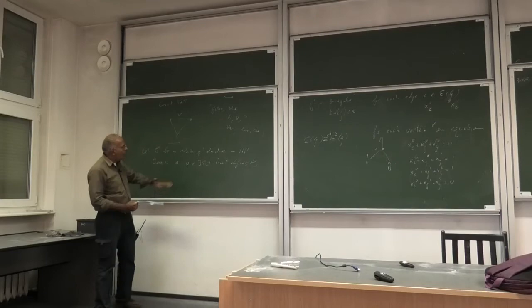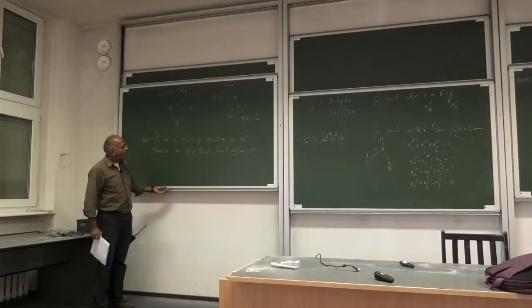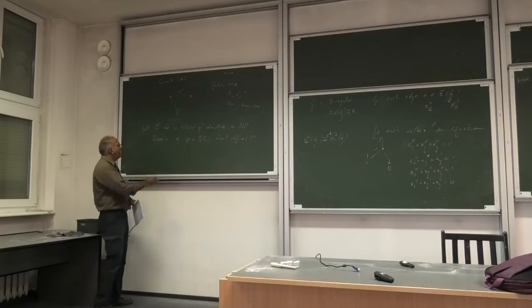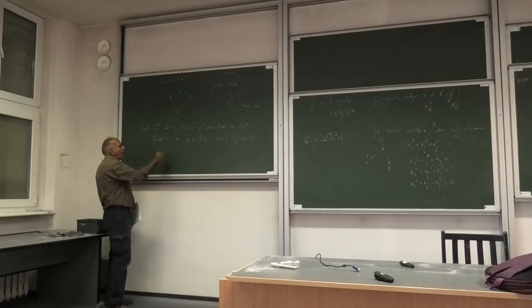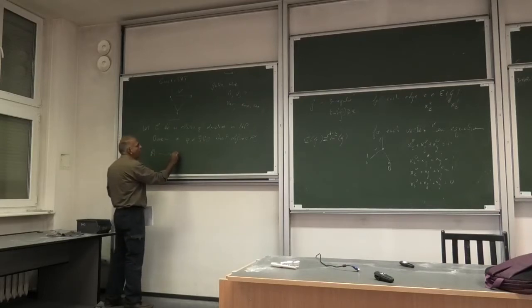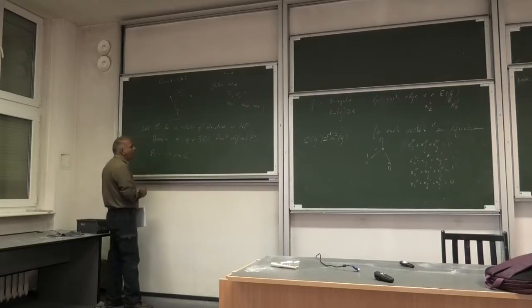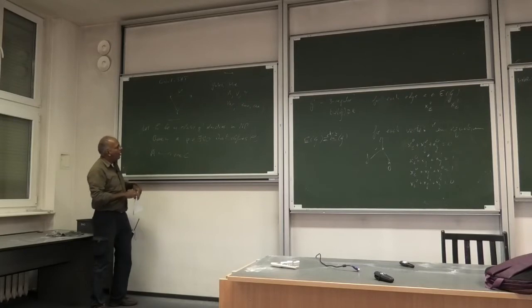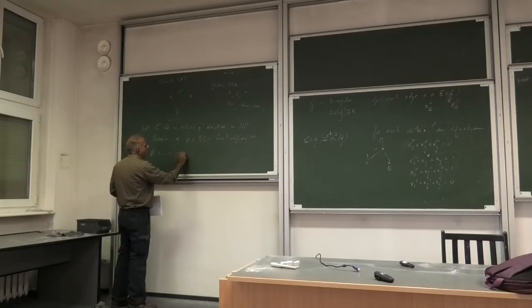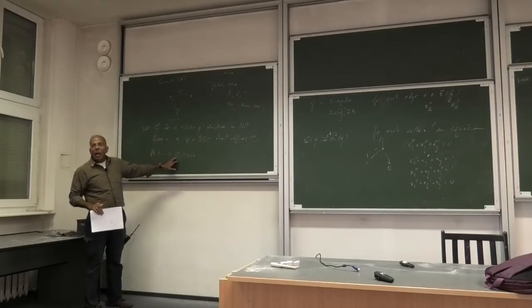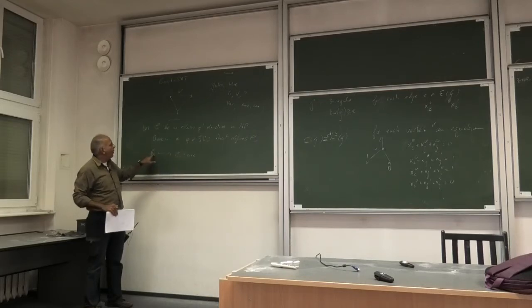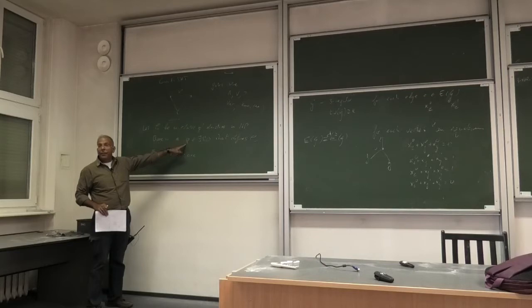Okay? And this formula is fixed. So what I'm going to do is define a map, for fixed phi, that takes a structure A to a circuit C, so that C is satisfiable if and only if A satisfies phi. Right?